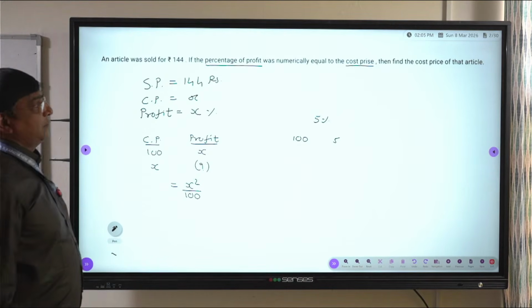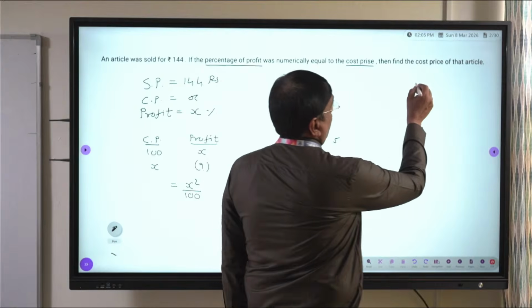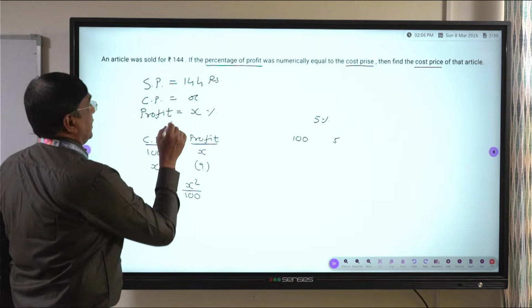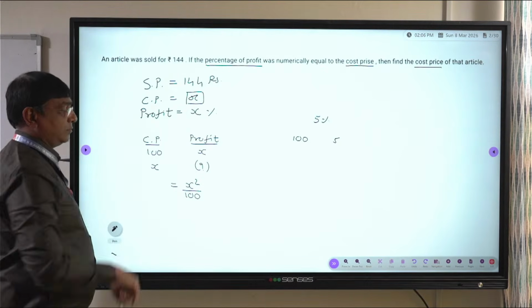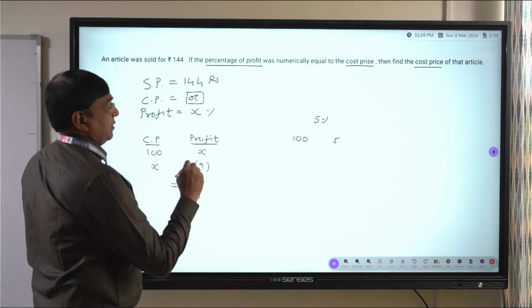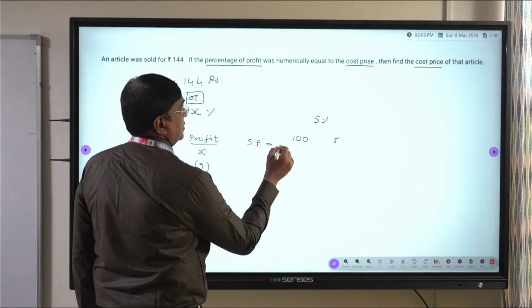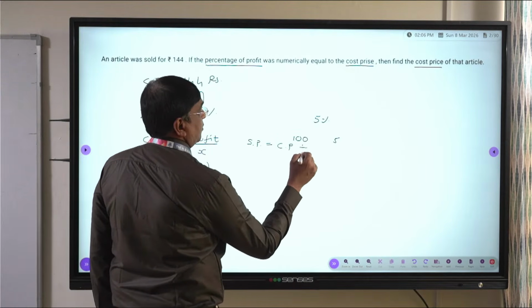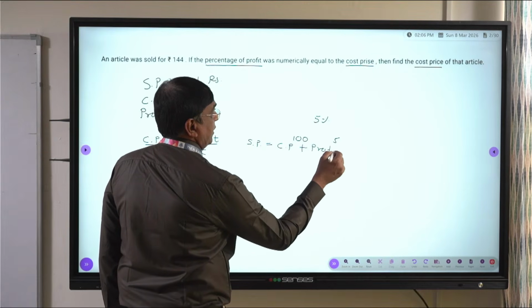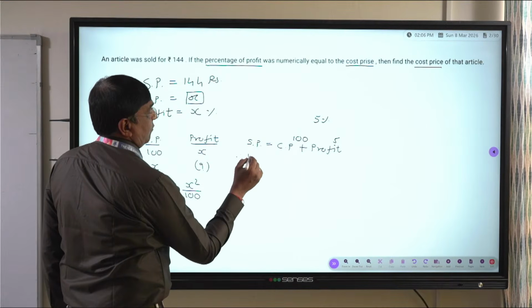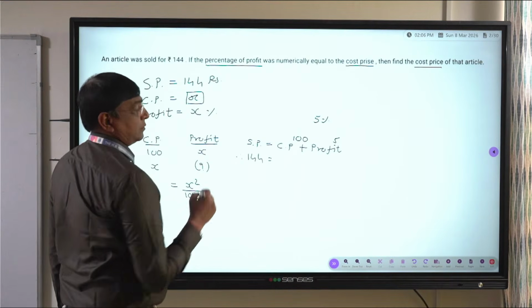Now we know what we have to find: the cost price of the article. We have to find X. Now we know that SP equals CP plus profit. SP is given as 144.